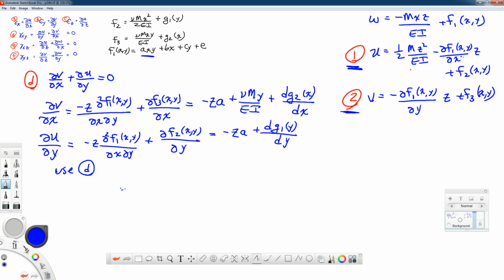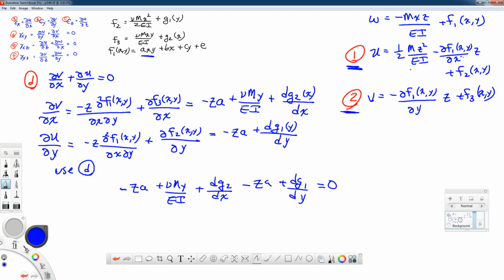So we're going to have a minus za plus nu my over ei plus the derivative of g2 with respect to x, and then we're going to have a minus za plus the derivative of g1 with respect to y equal to 0.